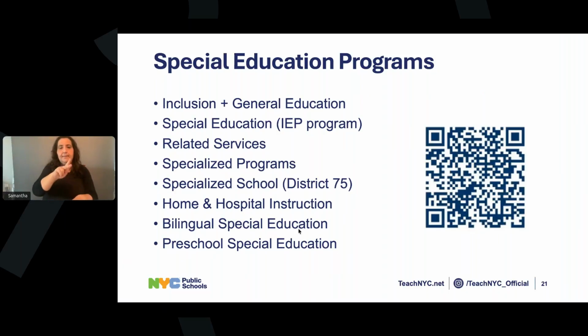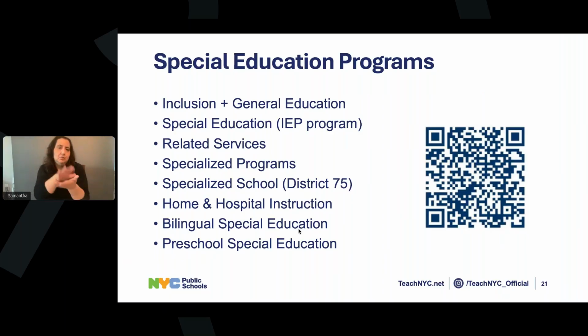We have students with related services only. So related services include things like occupational therapy, speech therapy, different related services you may be familiar with, counseling. Some students only have related services, and that's their complete special education plan, while many or most students across the city have both an instructional program as well as related services to help them be successful.